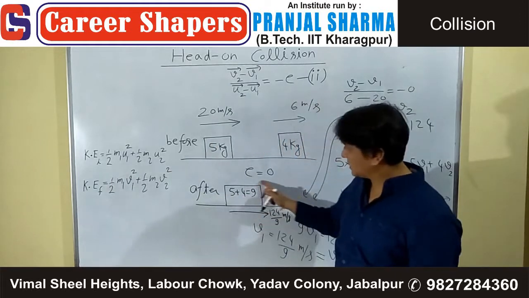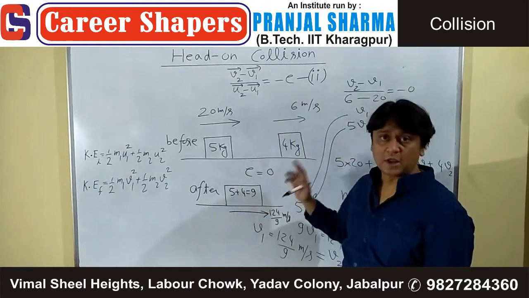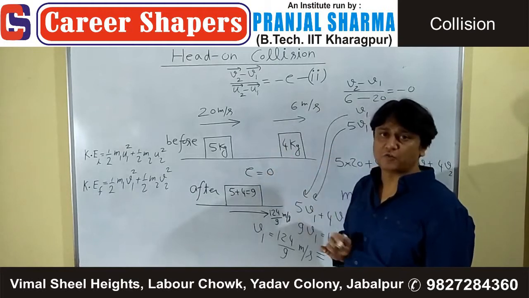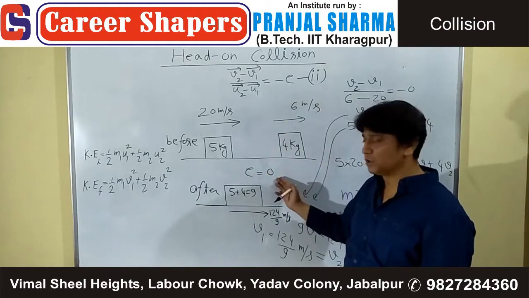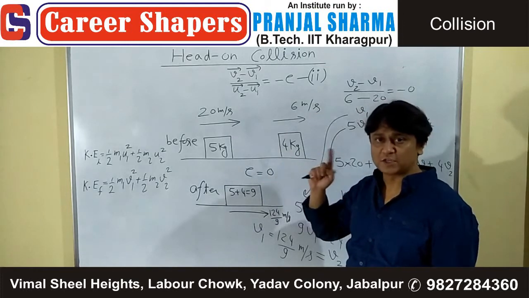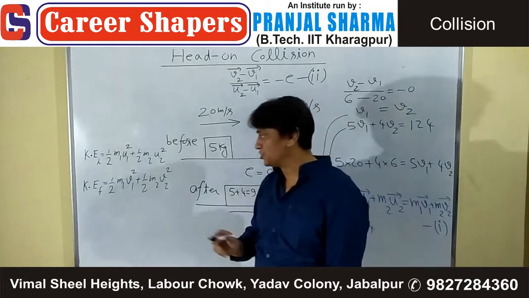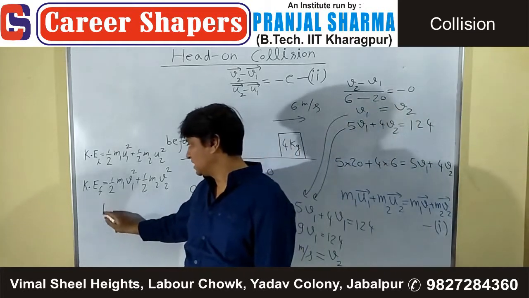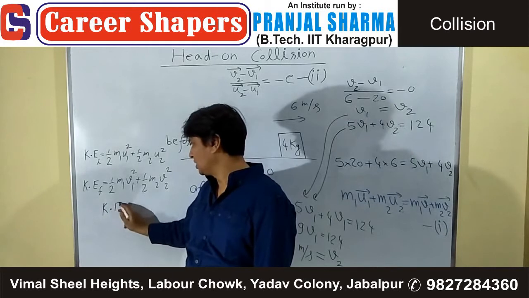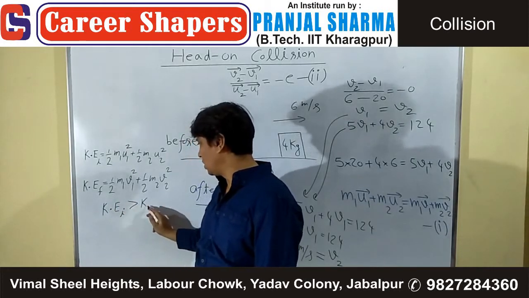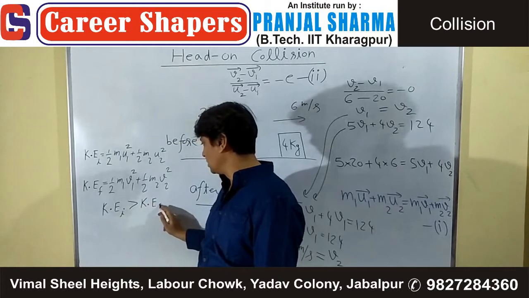Since E is not 1, in every collision loss of energy will take place, not only for E equals 0, but for any collision where E is not 1. For E less than 1, loss in energy takes place. Loss in energy means initial kinetic energy will be definitely greater than final kinetic energy.